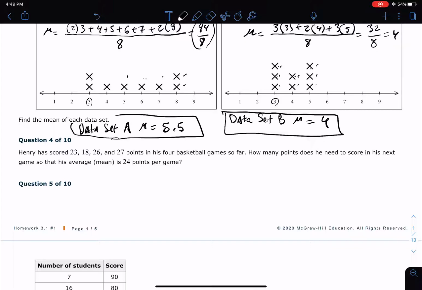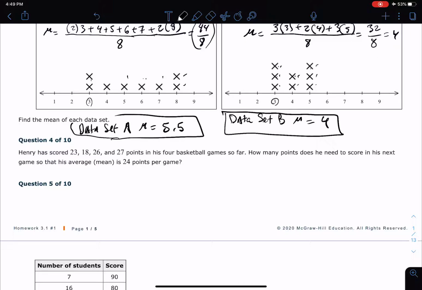Okay, Henry has scored 23, 18, 26, and 27 points in his 4 basketball games so far. How many points does he need to score in the next game so that his average mean is 24 points? This would be an algebraic problem, the best way to do this, using things we learned in algebra.